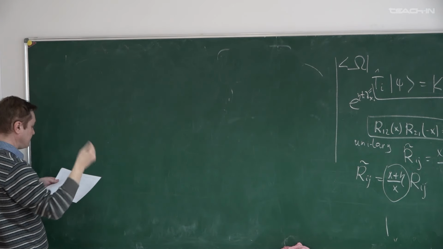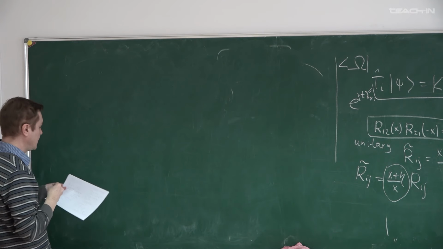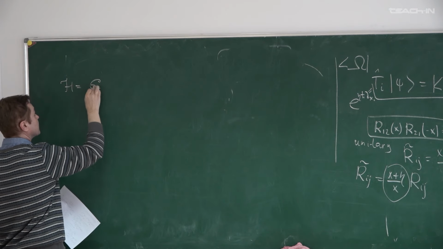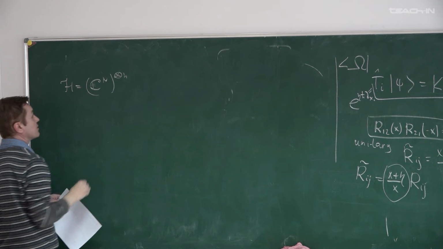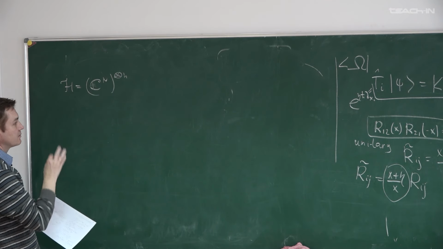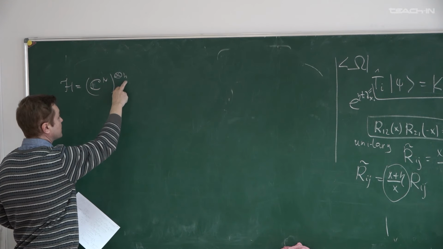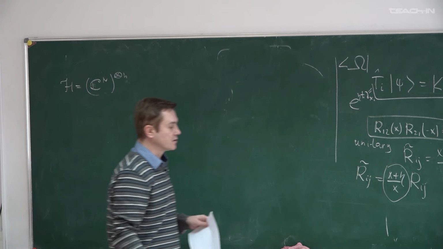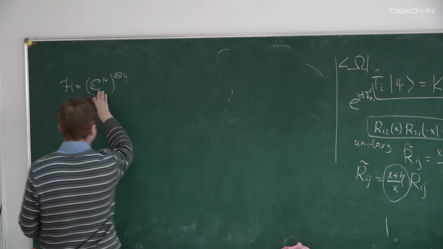So we again fix a sector in our Hilbert space. Our Hilbert space is some vector space, a product over the number of sites, of some space where the structure group acts.